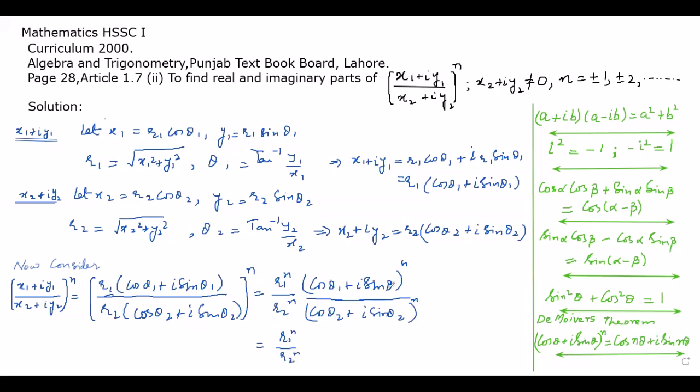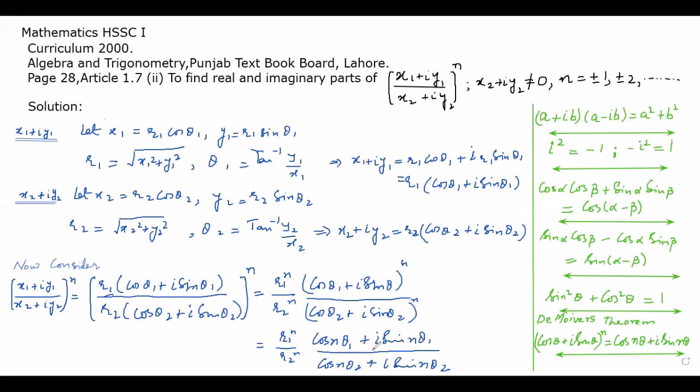And by the application of De Moivre's theorem, this becomes cos nθ1 + i sin nθ1 divided by cos nθ2 + i sin nθ2. And that's it. We have applied De Moivre's theorem.